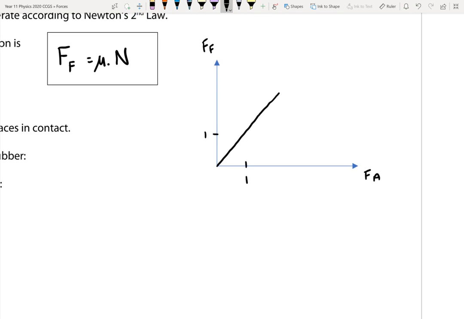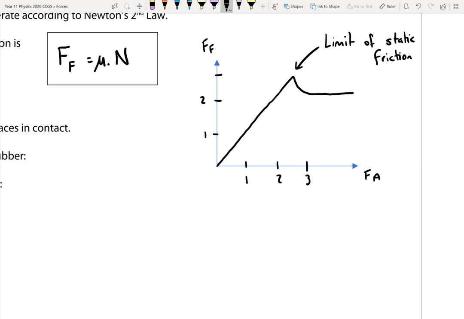I apply 2 Newtons and friction goes, yep, I can resist that. I apply 3 Newtons and friction goes, no, sorry, I can't resist 3 Newtons. There's a limit. And this is called the limit of static friction. Why does it go up and then down?